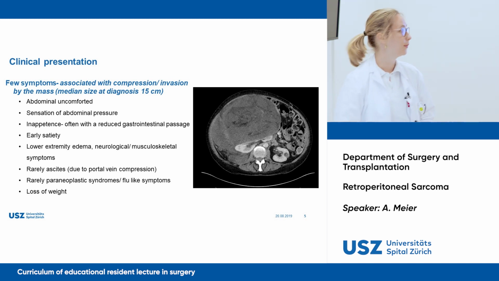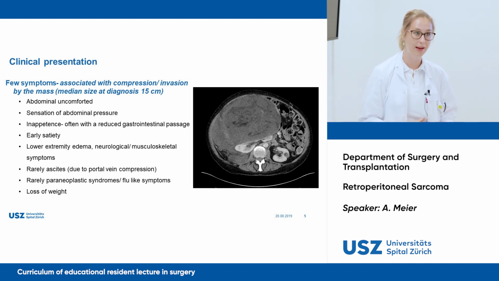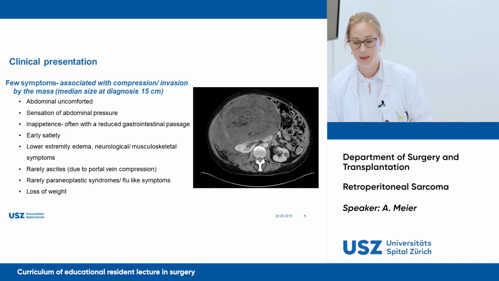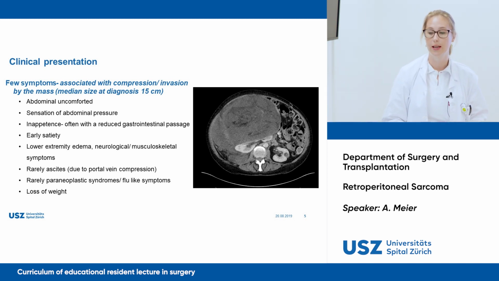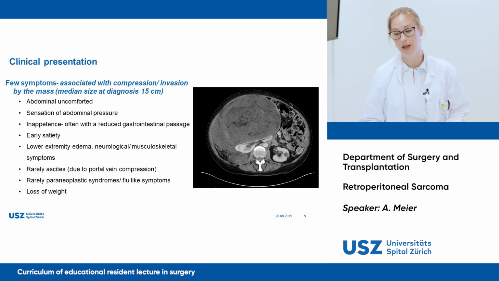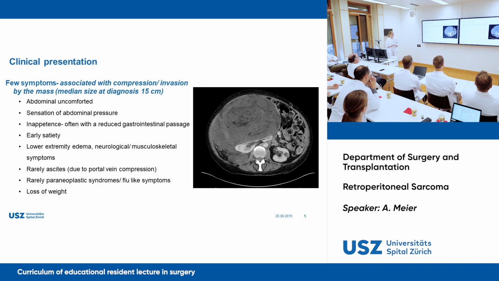When somebody presents with such a big mass in the body, symptoms come up, mostly abdominal discomfort, a sensation of abdominal pressure, impotence, early satiety, lower extremity edema, and neurological or musculoskeletal symptoms. There is rarely ascites, which can be due to portal vein compression, rarely paraneoplastic syndromes or flu-like symptoms, and sometimes a loss of weight, even though they may gain weight with the big tumor mass.